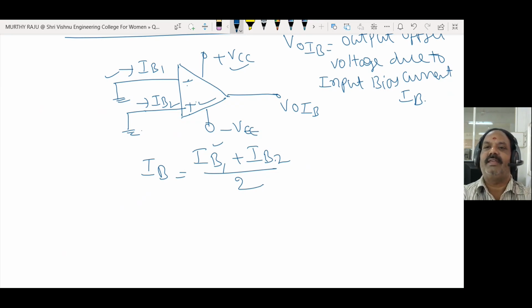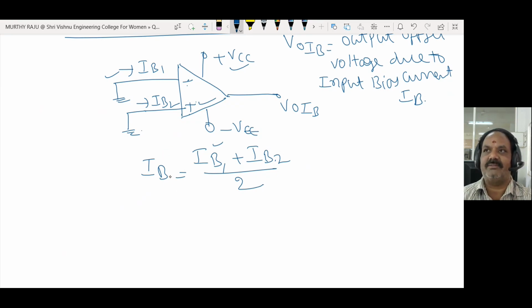Next one is, even though both of the input transistors are identical, it is not possible for IB1 and IB2 to be exactly equal to each other.